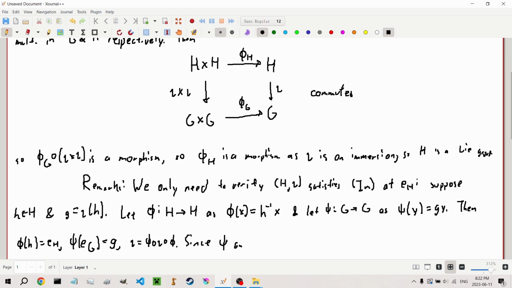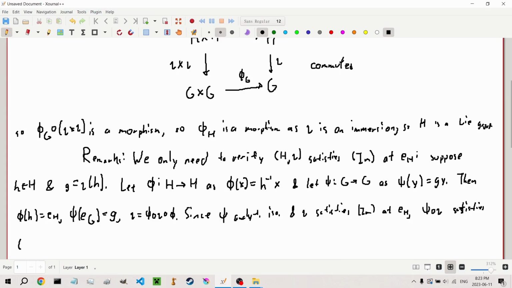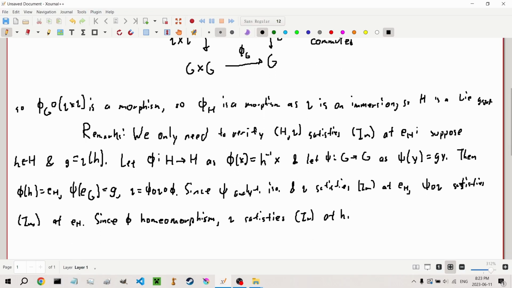And since C is an analytic isomorphism, and our injection satisfies our conditions at the identity in H by assumption, C on iota must satisfy our conditions at the identity in H. Since phi is a homeomorphism, iota satisfies our conditions at h. And we can do that for any point h, so it satisfies our conditions everywhere.